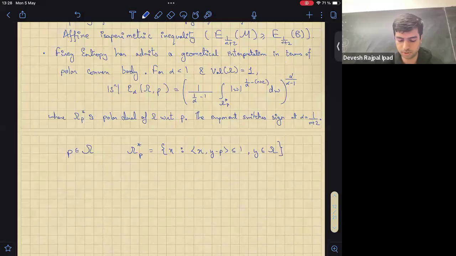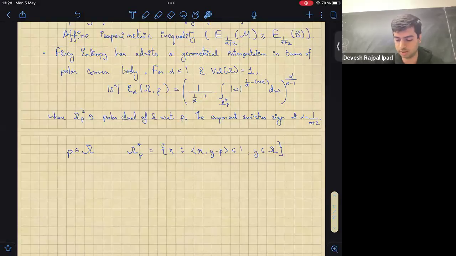So for any point P in the interior, I can consider the polar with that center and its integral, and this is the standard Lebesgue integral with some weight. The weight is given by 1 by alpha minus n plus 2, integrated over this polar dual.